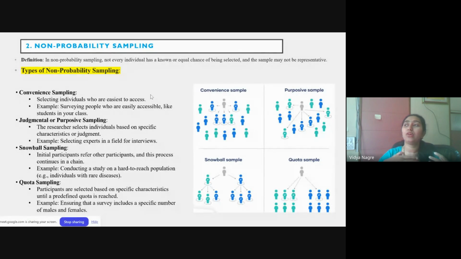For example, out of 1,000, I'll better study only the first 100. But in probability sampling, when I have to study 100, I have to either choose first, fifth, 10th, and so on, or I have to choose randomly, like first, fifth, 50th, then 57, some 69, and so on.